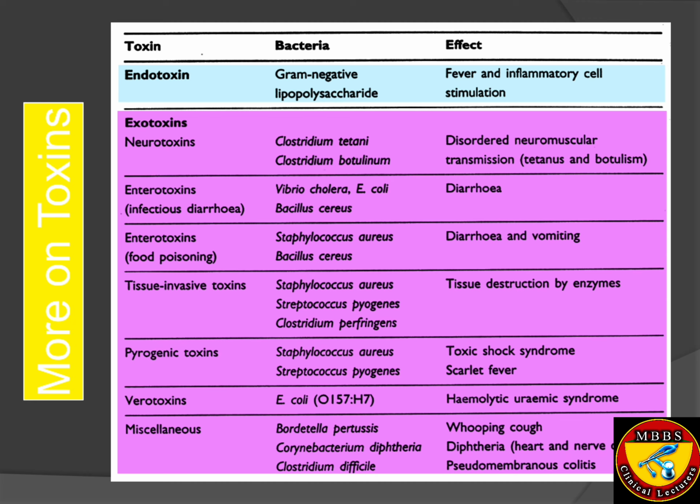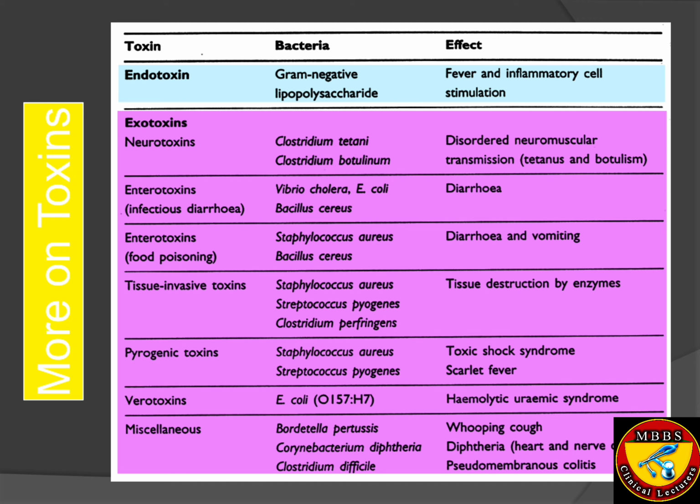In tissue-invading toxins, we discussed Staphylococcus aureus, Streptococcus pyogenes, and Clostridium perfringens. They lead to tissue destruction by enzymes. The pyrogenic toxin, which is the fever-causing one, can cause toxic shock syndrome by Staphylococcus aureus, or it can lead to scarlet fever if it's caused by Streptococcus pyogenes.